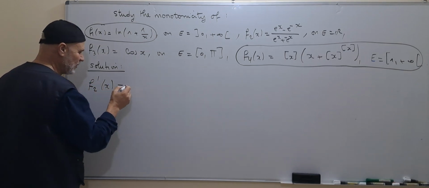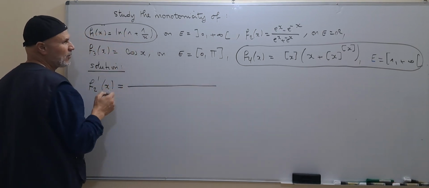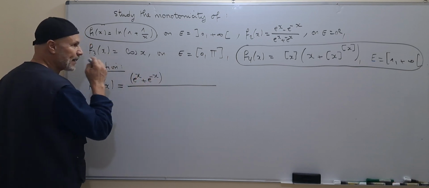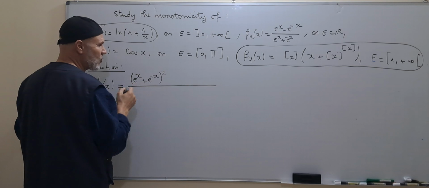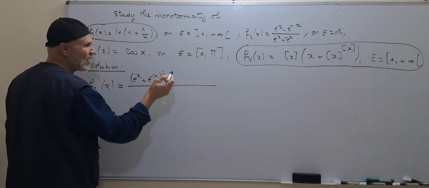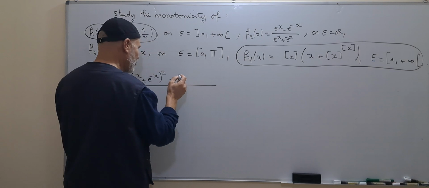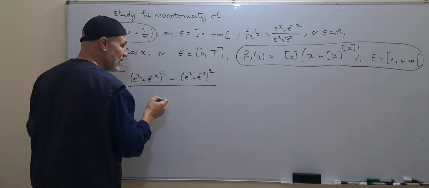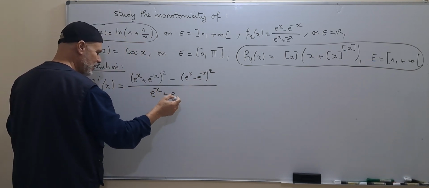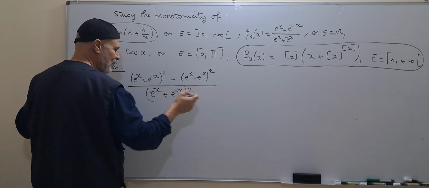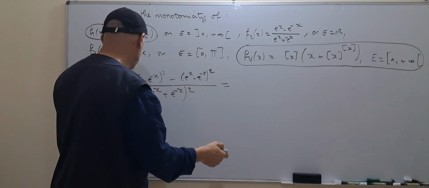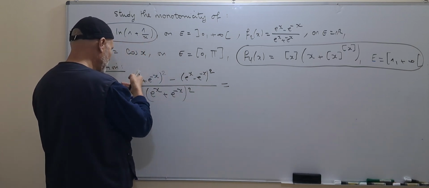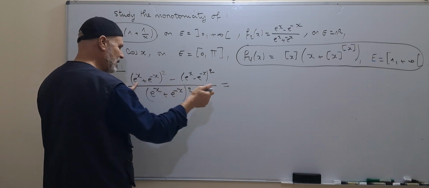This is equal to the derivative of the numerator, so exponential x plus exponential minus x, times the denominator, minus the derivative of the denominator, which means exponential x minus exponential minus x, times the numerator, divided by the denominator squared, that is exponential x plus exponential minus x, all squared.